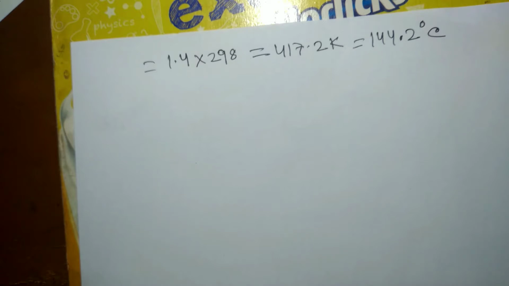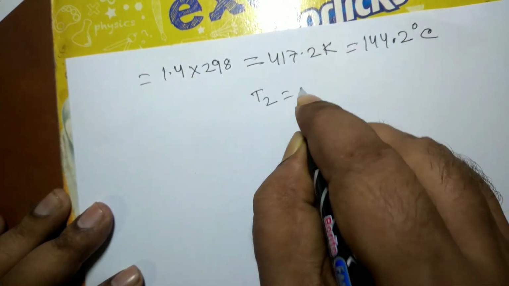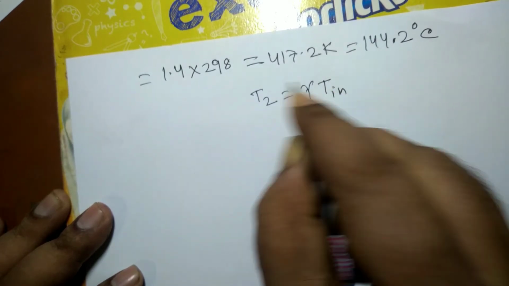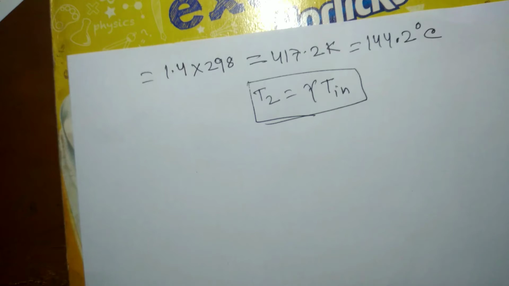Suppose in a case it is mentioned that heat supply is taking place, then we cannot apply this formula. So T2 equals gamma T in is applicable only in the case in which initially there is no mass, the tank is insulated, and no heat interaction takes place. Shaft work is not there in this case, and no electrical work is there.